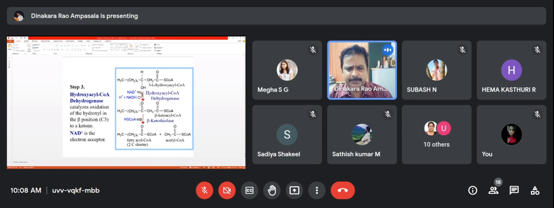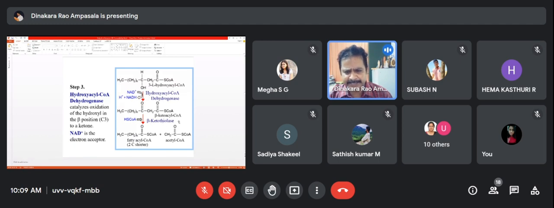So you will get a ketone molecule here. After removing hydride ions, NAD plus accepts them, so NADH plus H plus will be generated here. So the beta-ketoacyl group molecule is formed here by the action of hydroxyacyl-CoA dehydrogenase enzyme.